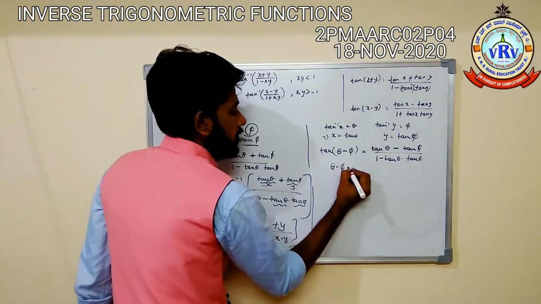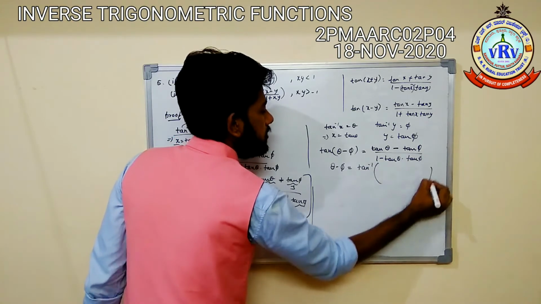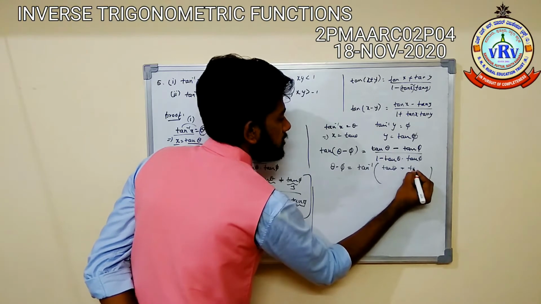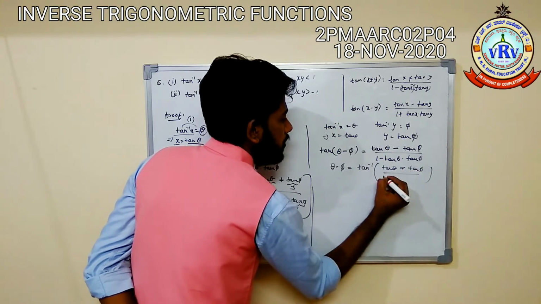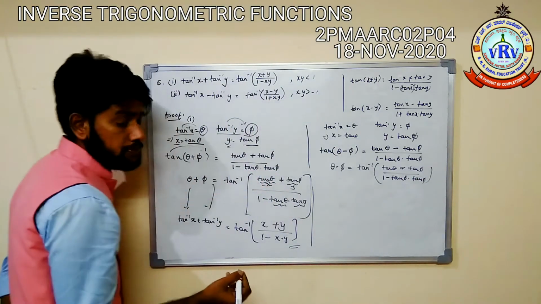Again, shift tan function to the other side, it becomes tan inverse. So tan theta minus tan psi divided by 1 plus tan theta tan psi.